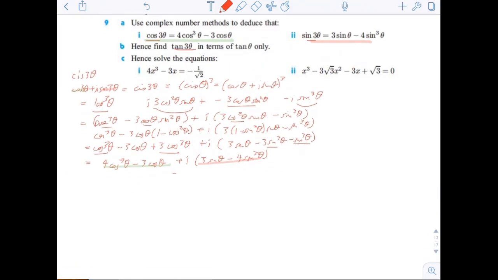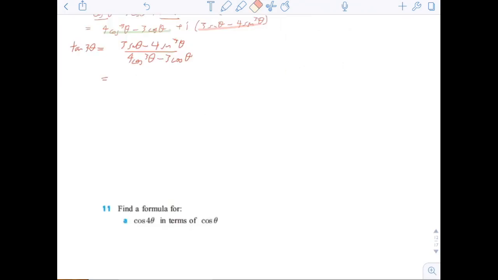Hence, find tangent 3 theta in terms of tangent theta only. So tangent 3 theta is equal to sine 3 theta divided by cosine 3 theta. So we could put that as 3 sine theta minus 4 sine cubed theta divided by 4 cosine cubed theta minus 3 cosine theta.